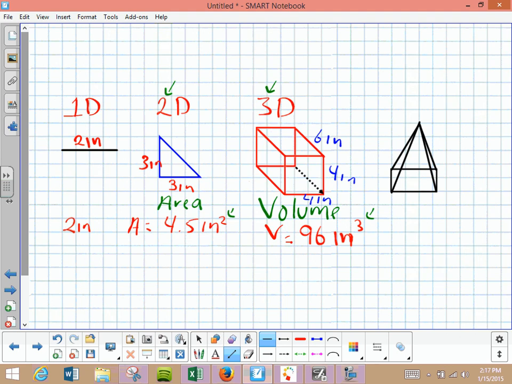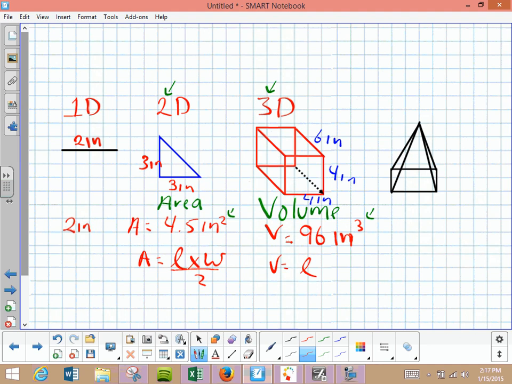So for this one, the formula is area will be base times, well, let's use length times width. Length times the width, right? Divided by 2. For this one, the volume is length times width times the height, right? Or, well, we just say area of the base times the height, correct? Capital B times the height, which is area of the base times the height.